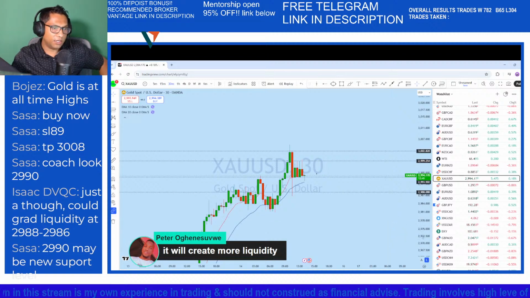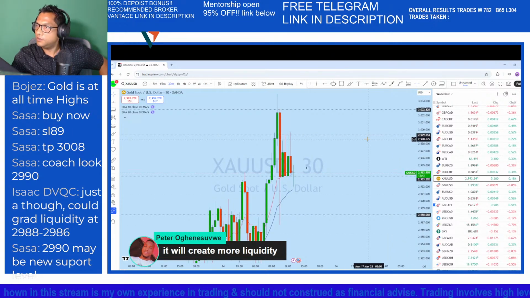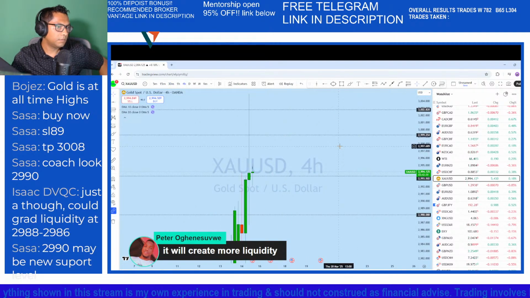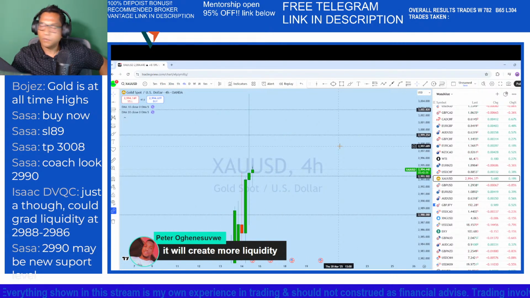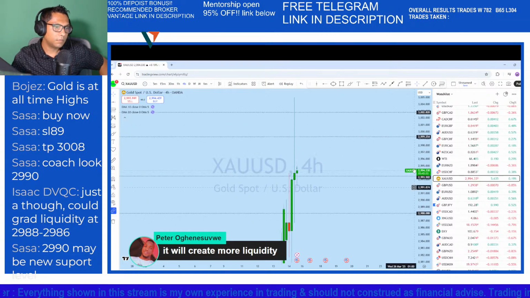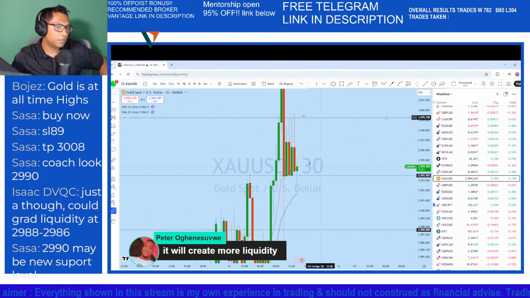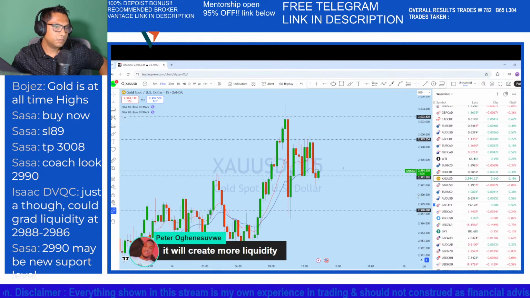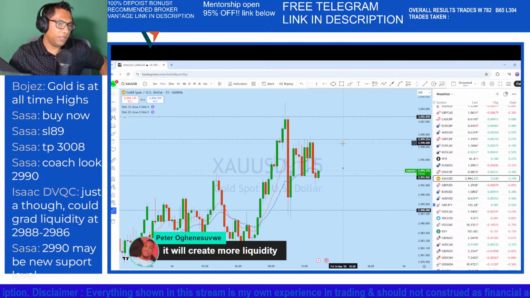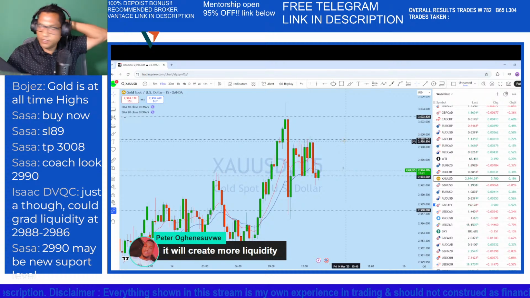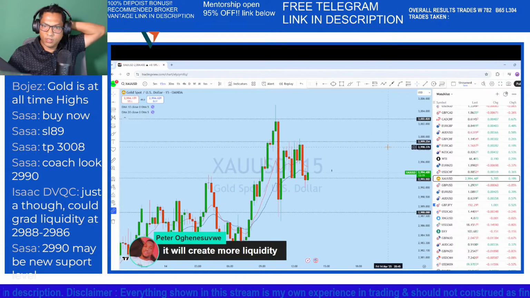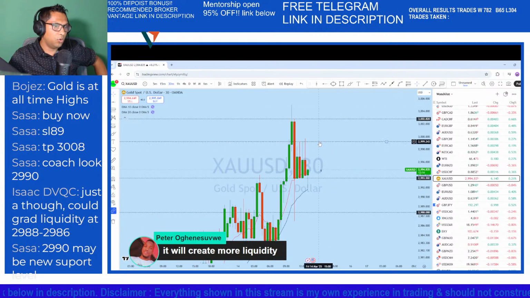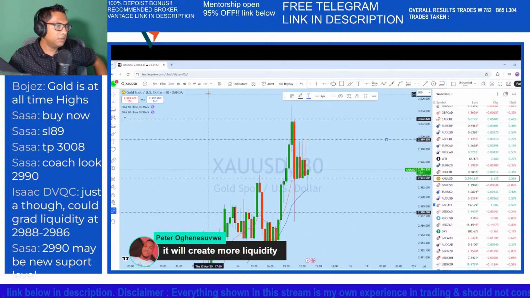Let's see if this market is trending to the upside. And if it is trending in that direction with stronger momentum, we might see the price ultimately going back to that liquidity zone here.